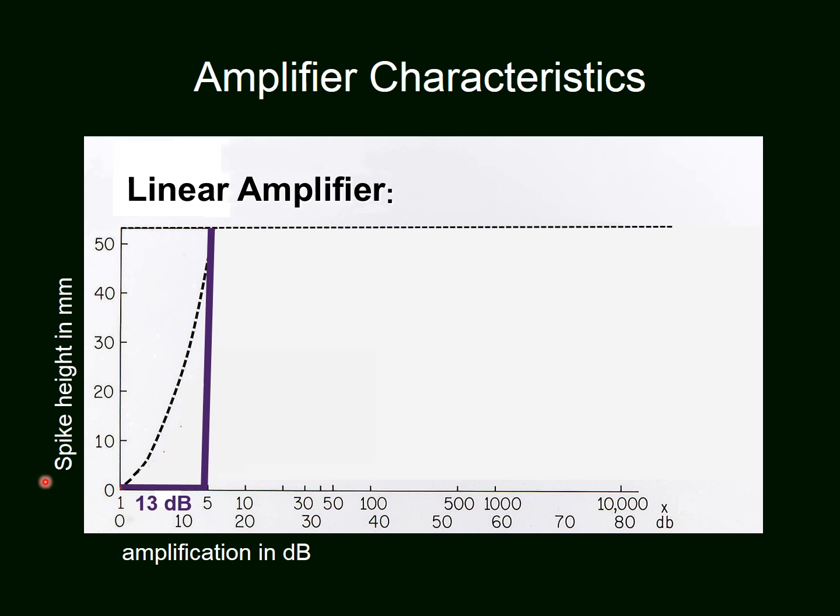Overall, only 13 decibels can be displayed in differences simultaneously on the screen of the linear amplifier with one gain setting. In other words, the acoustic field is 13 decibels, and that is insufficient.